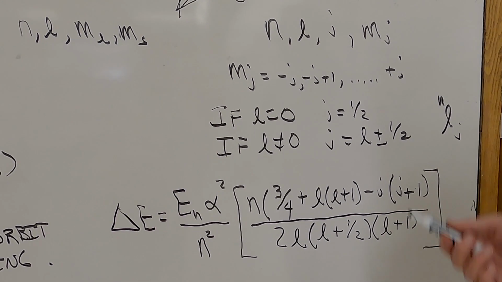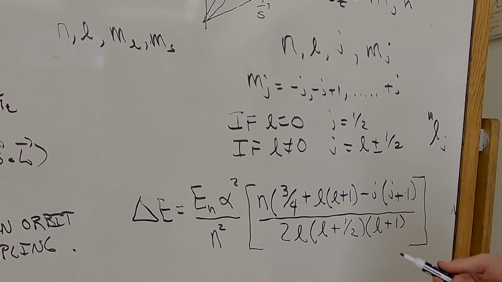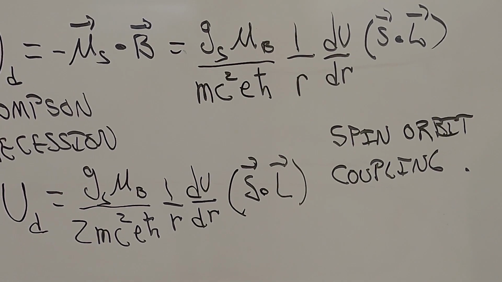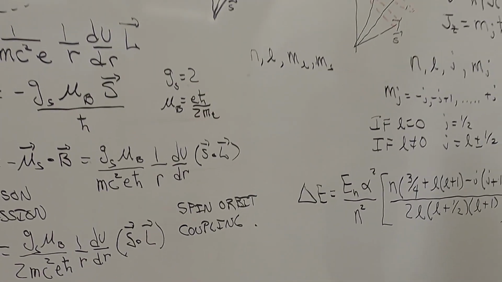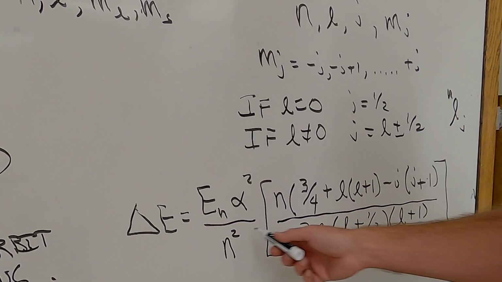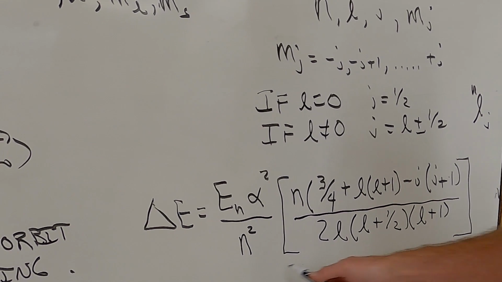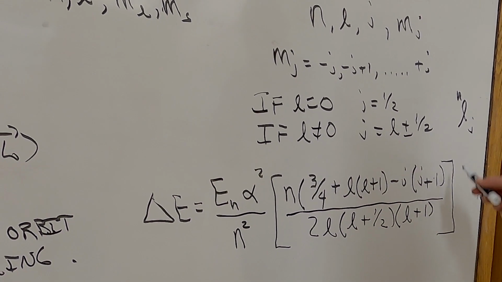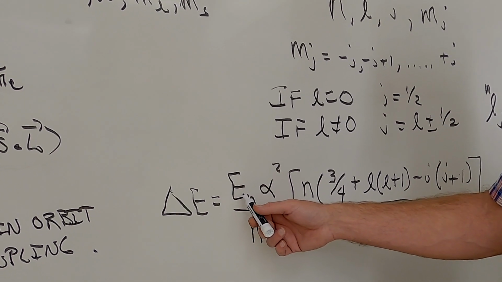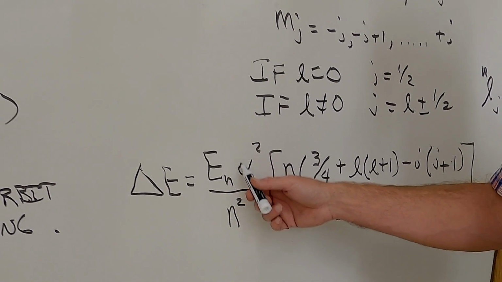When we calculated this change in energy, remember we used perturbation theory, and we ended up with the change in energy given by this right here. This is the shift in the energy. You'll notice it depends on the old Bohr energies, but there's an alpha squared in there.